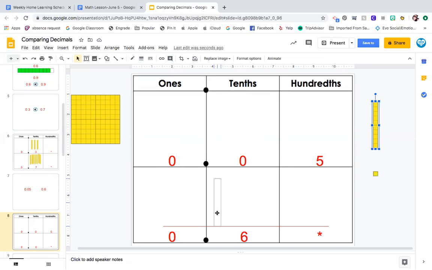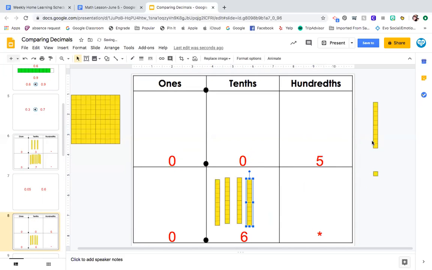I'm going to pull over 6 longs into this column. 6. And over here, in the hundredths column, this number has 5/100ths. 1, 2, 3, 4, 5. And this number doesn't have any hundredths.